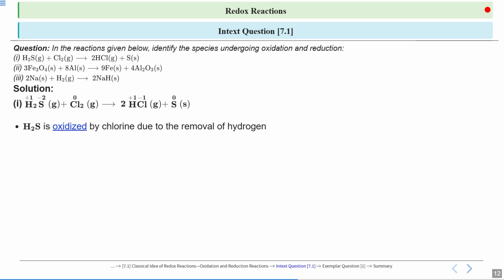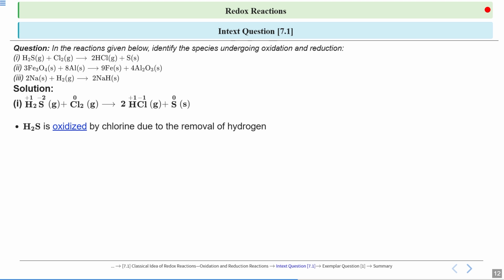So we can understand it with the help of the term electronegative element. In H2S, H2S is oxidized by chlorine due to the removal of hydrogen, because from H2S the hydrogen has been removed, and chlorine has been added.